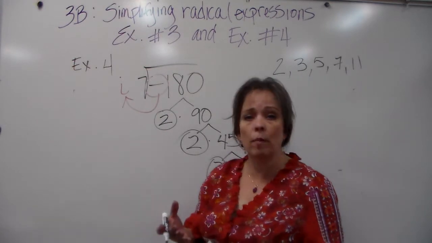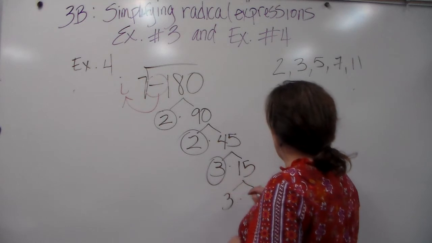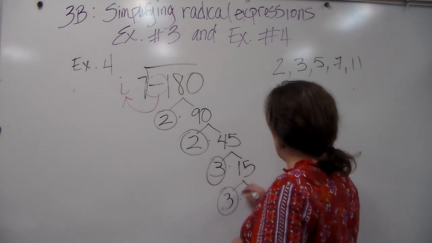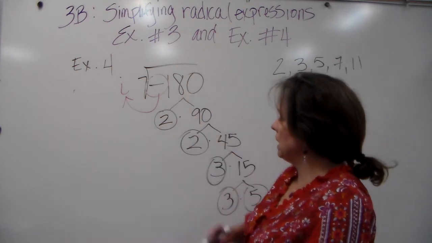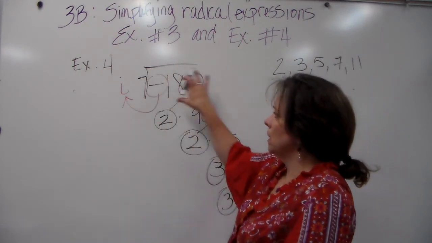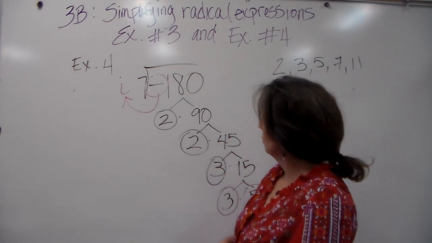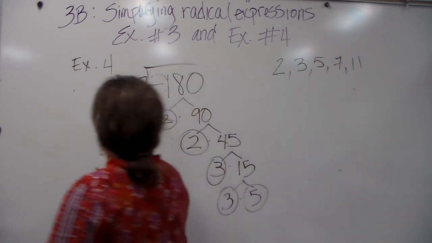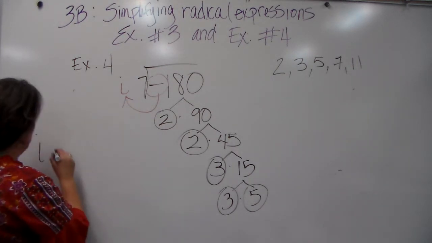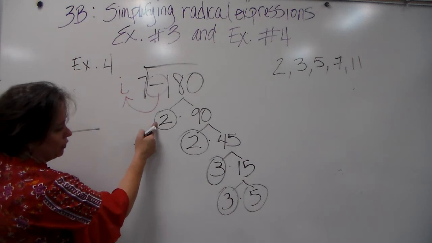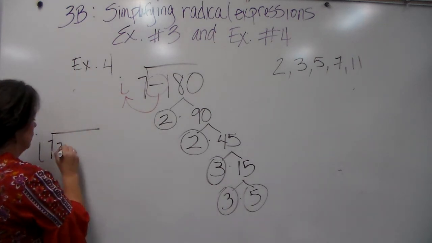And since that's a whole number, that's a good factor. So we'll go 3 again, and we'll get a 5. And both these numbers are primes. Okay? So when we simplify the square root of 180 to its prime factors, it's i, that's the negative that came out, right? And then on the inside we have 2 times 2 times 3 times 3 times 5.